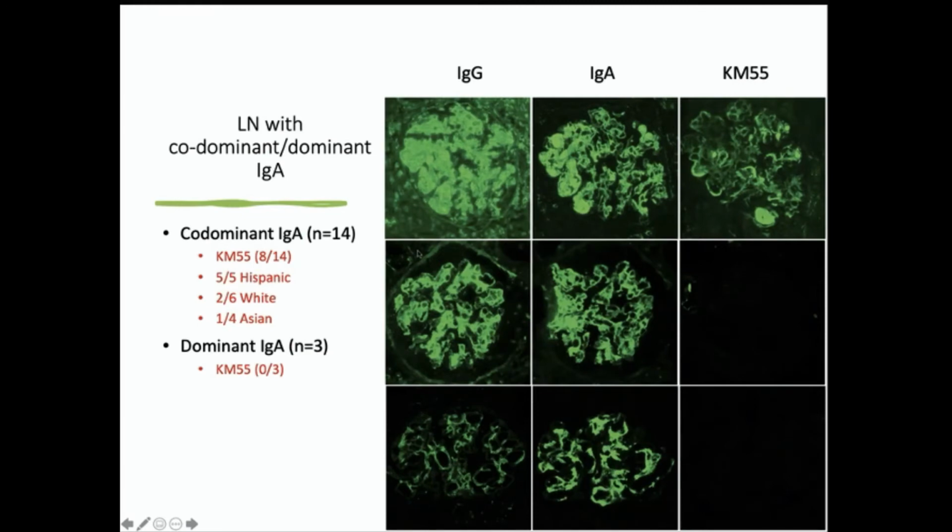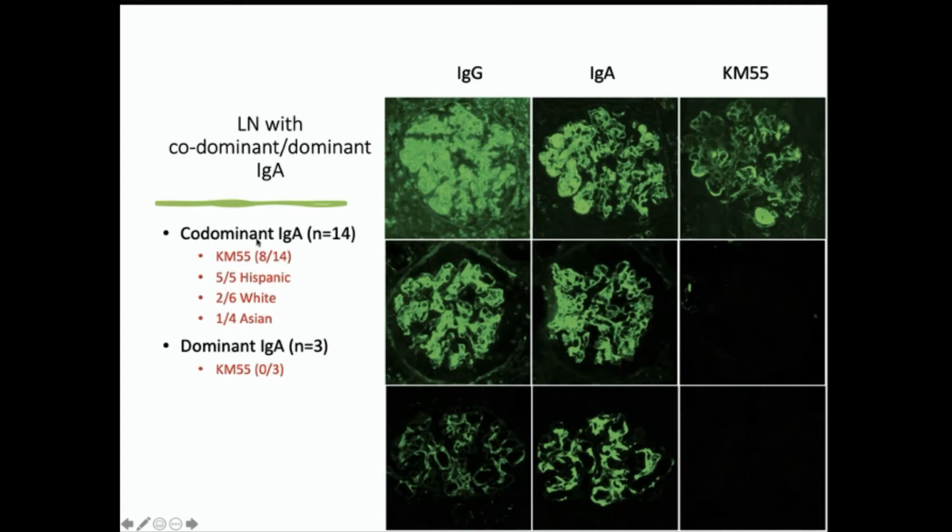So interestingly, when we look at these top two groups, some cases stain positive for KM55, which means there is galactose-deficient IgA1 deposited in the kidney mesangium. And even here, the pseudo thrombi in the capillary loop stain positive for KM55. That means they are in the circulation. And in some cases, they are negative.